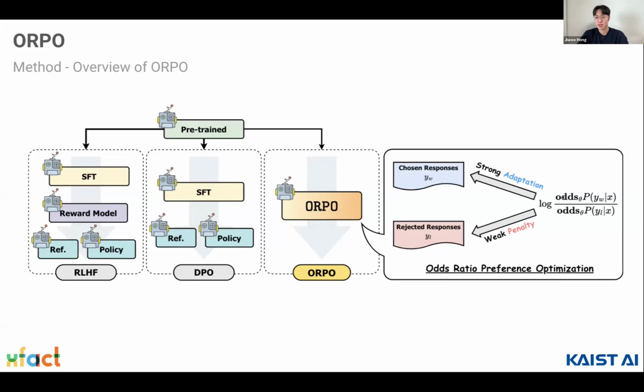By maximizing the odds ratio between the chosen and the rejected responses, we want the model to adapt to the chosen responses in a stronger manner, while giving a weak penalty to the rejected responses. By doing so, we want the model to prioritize the chosen responses when it generates, and the rejected responses to be pushed away.